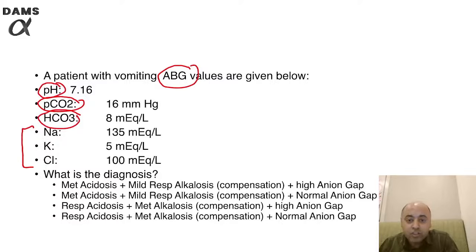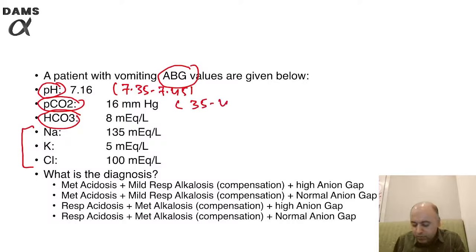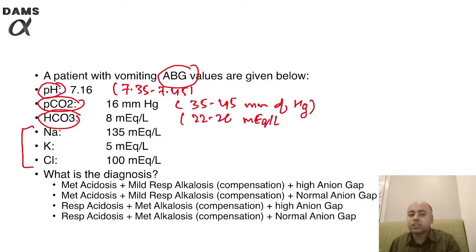Now, in these questions, what you have to keep in mind is that the normal values will not be provided. So you have to know the normal values for each of these. For example, for pH, the normal value is 7.35 to 7.45. For PCO2, the normal value is 35 to 45 millimeter of Hg. For bicarbonate, the value is 22 to 26 milliequivalent per liter.